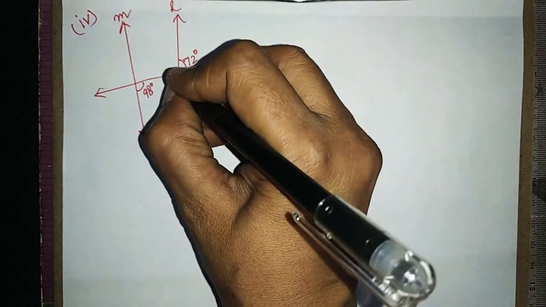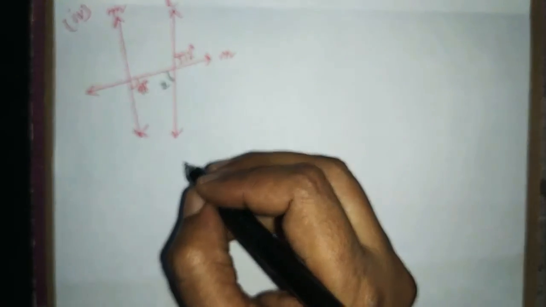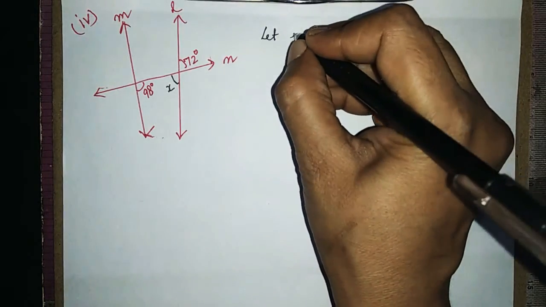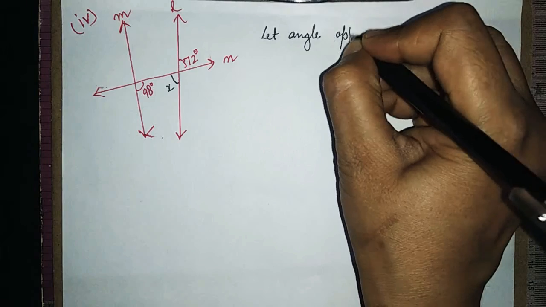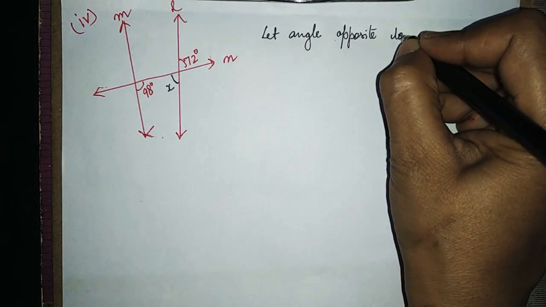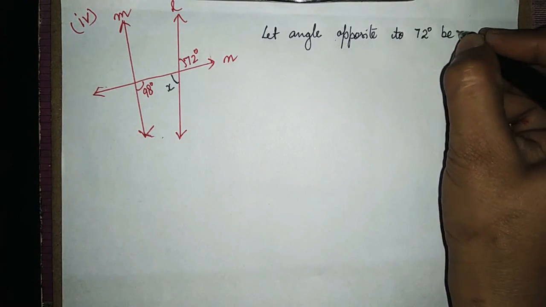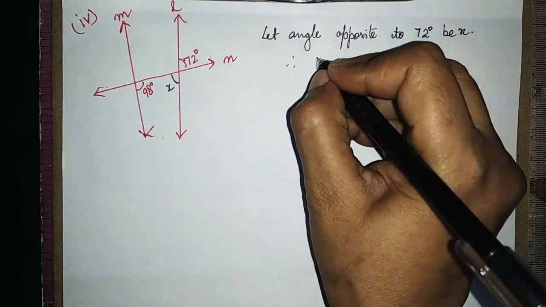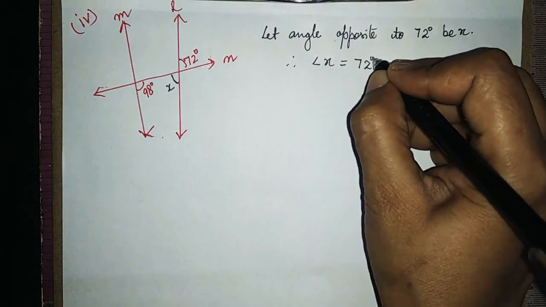We will take this angle as angle X. And for this we will write, let angle opposite to 72 degree be X. Therefore, angle X is equal to 72 degree.